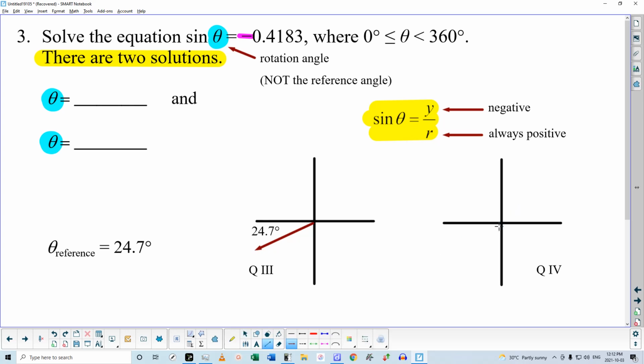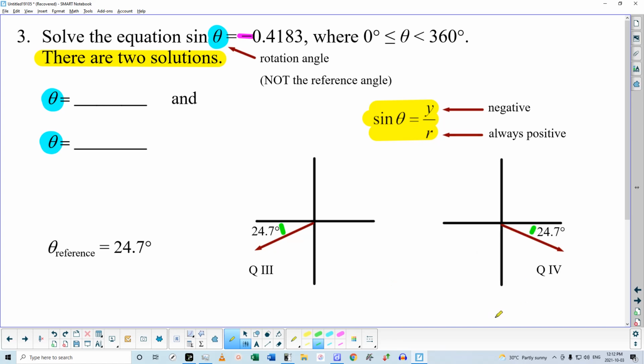If it lies in quadrant 4, the same thing. It will have a reference angle of 24.7 degrees. Keep in mind both of these angles of 24.7 that I've indicated here are just the angle from here to here. It is not a rotation angle.